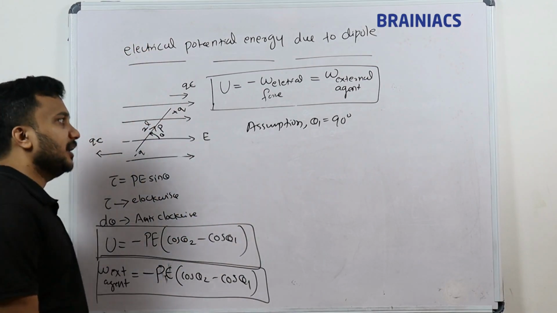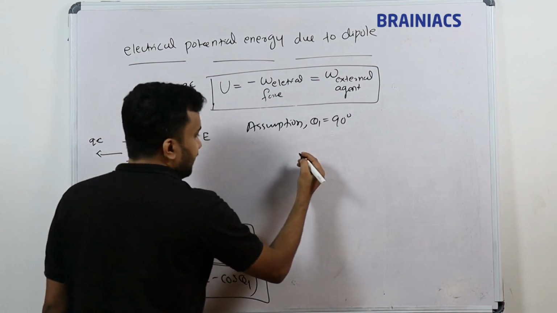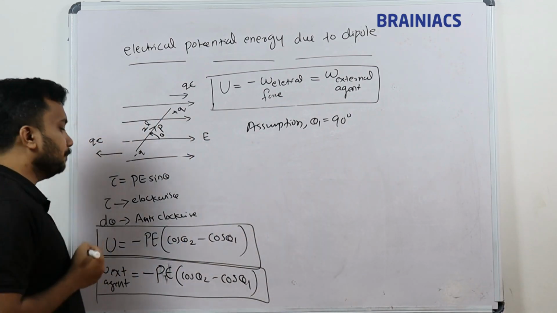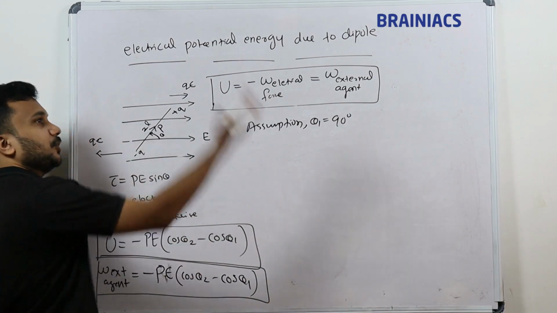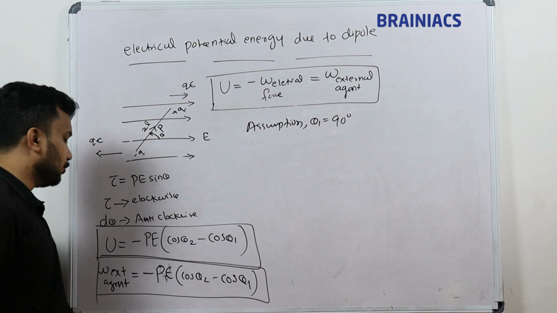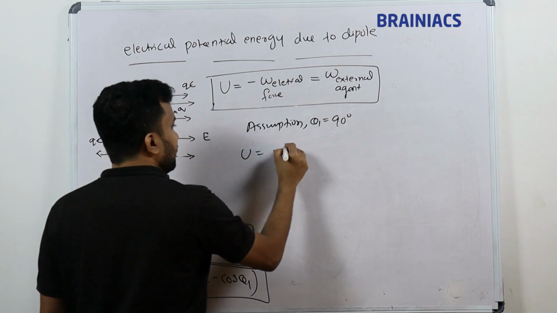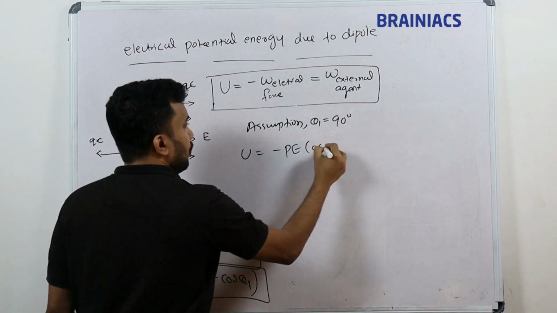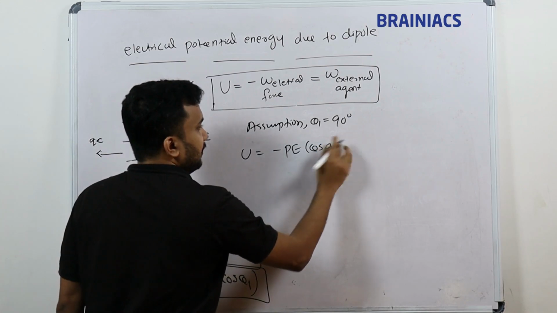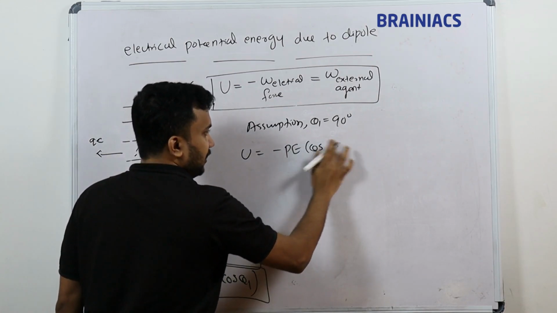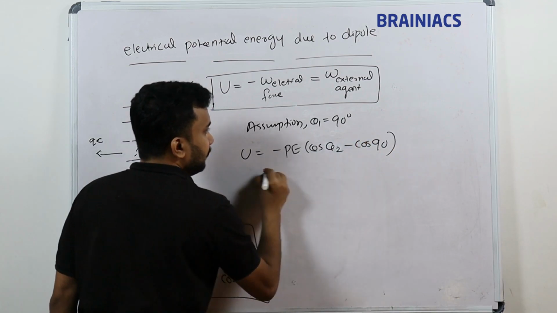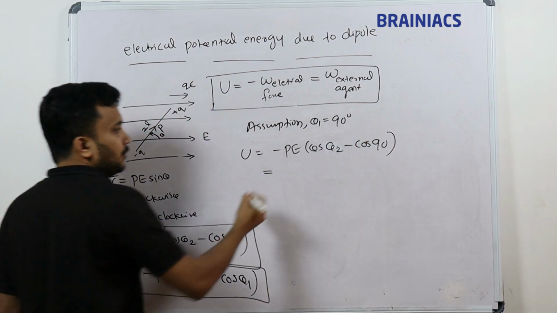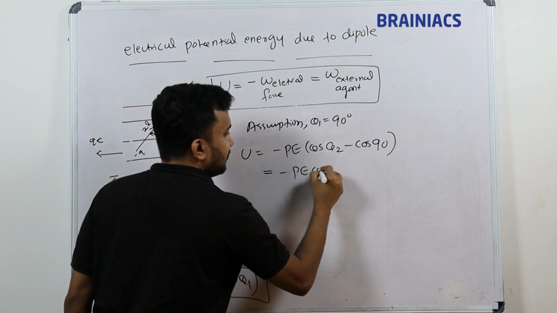So from 90 degrees, if I substitute, what will I get? Initially theta 1 is 90 degrees, then it rotates to an angle of theta. So substituting, U equals minus Pe into cos theta 2, where theta 2 is theta itself, and cos theta 1 is cos 90, which is 0. So we get minus Pe cos theta.